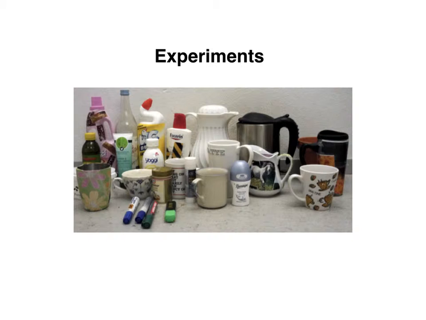So we set up our experiments in the following way. We define a set of features that would capture color, form, etc. We define a set of tasks: one which we call pouring, which is grasp placement for pouring; a task called lift up, which is essentially top grasps and handle grasps; and grasps placed on corks, which we call cork.